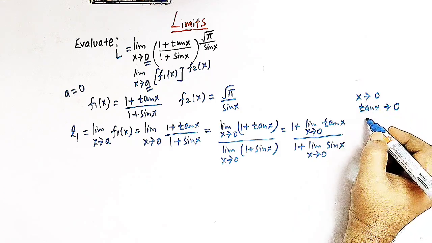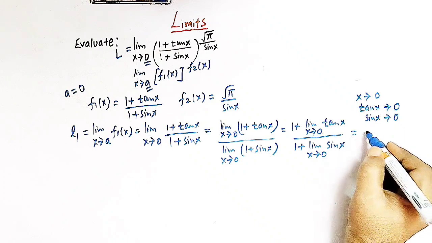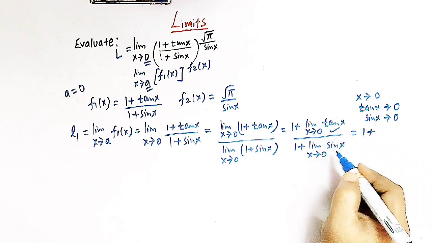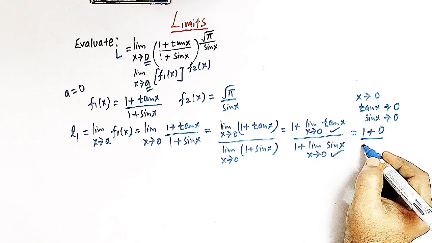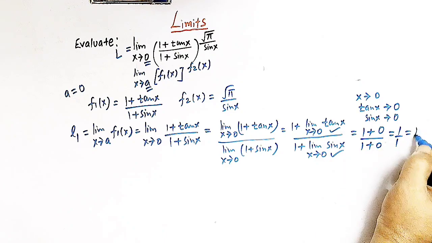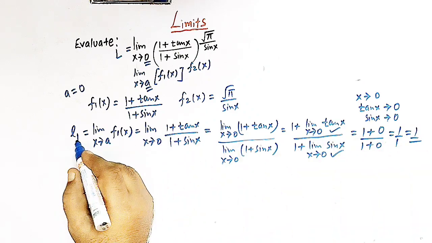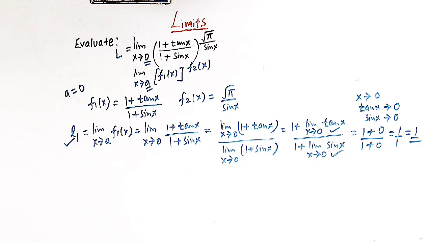When x tends to 0, sin x also tends to 0. So now these two limits are equal to 0. So we have 1 plus 0 over 1 plus 0, that is 1 over 1, that is equal to 1. So the value of the limit L1 is equal to 1.